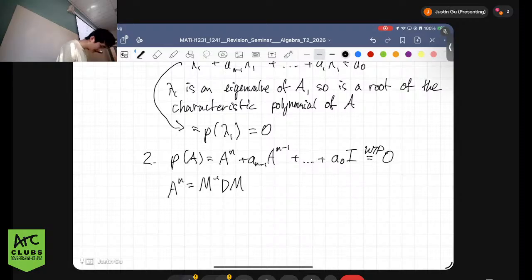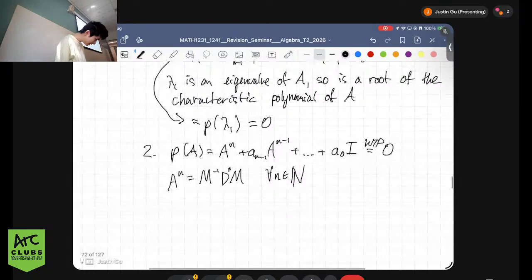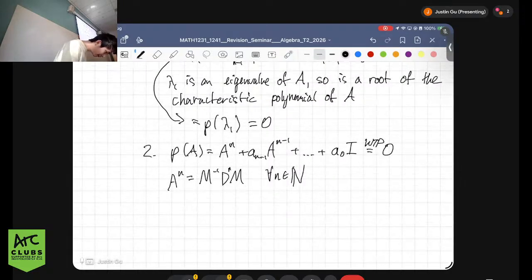But we have that this is true for all natural numbers. What that means is that if we look at what M inverse times P of A times M is, we'll get M inverse A to the n times M.